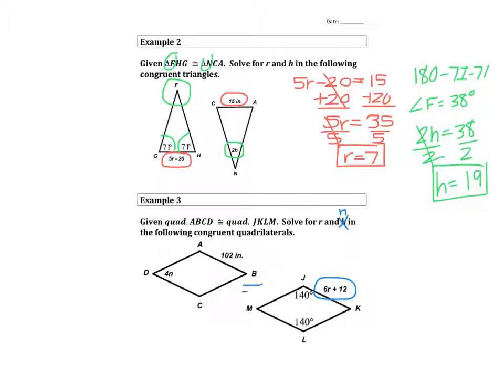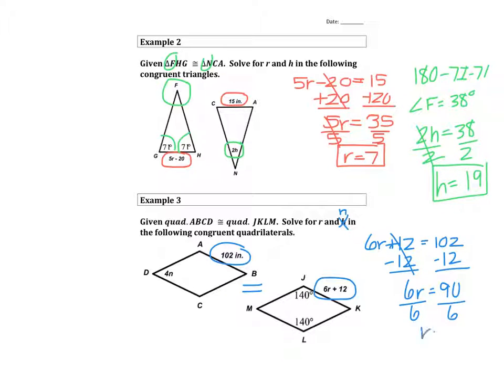Like, these shapes are literally congruent to each other or equal. So I'm going to set up a little equation, 6r plus 12 equals 102. And then I'm going to subtract 12, subtract 12. So we have 90, and then I'm going to divide by 6. So r is equal to 90 divided by 6, 15.